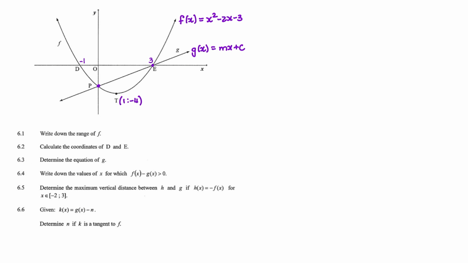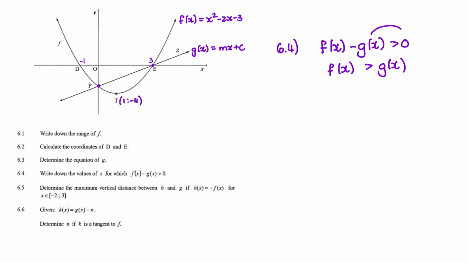6.4. Write down the values of x for which f(x) − g(x) is bigger than 0. So if I take the inequality f(x) − g(x) > 0, I can write it as f(x) > g(x). So I simply move the g(x) to the right-hand side of the inequality.